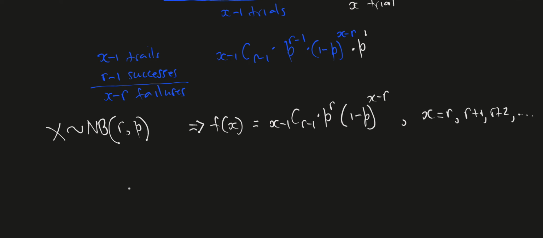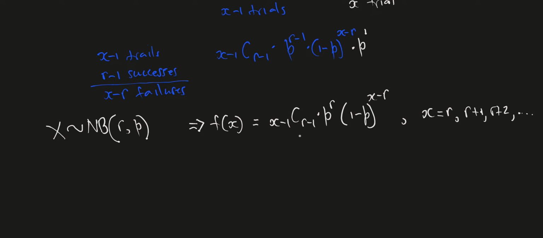Now, with the negative binomial, we also have two very simple formulas for the mean and the variance. I'll go ahead and write these down. The mean for your negative binomial random variable is simply R divided by P. So it's your number of successes that you want to observe divided by the probability of success on any given trial.